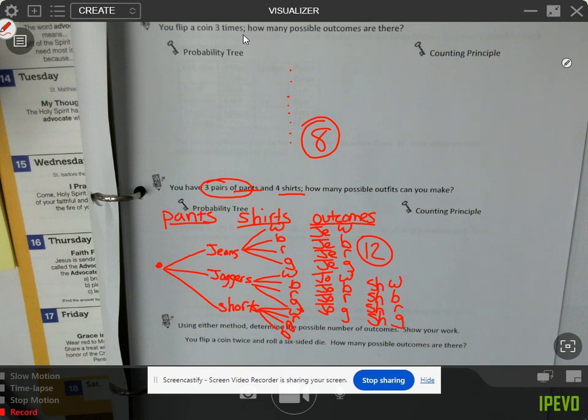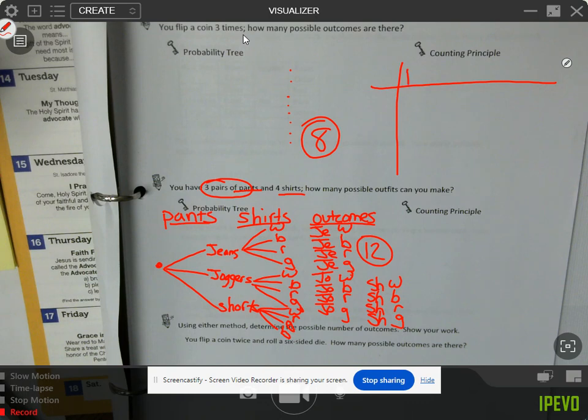So when we look at the counting principle, we're going to put on top how many events, which events are happening. So what do you think I should write on top? What did we talk about with the events with those coins, Zelda? The events. What are they? There's heads and tails.